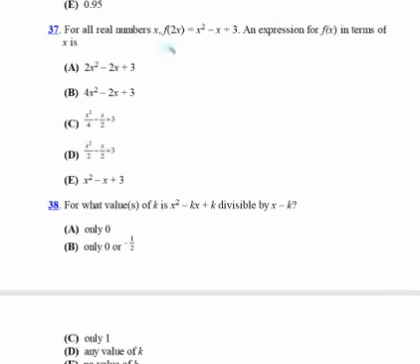Okay, next this one. f of 2x is this. What it's saying is that the x becomes 2x. Initially x is actually 2x.